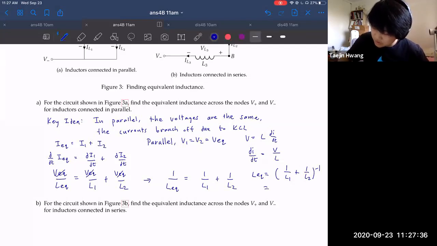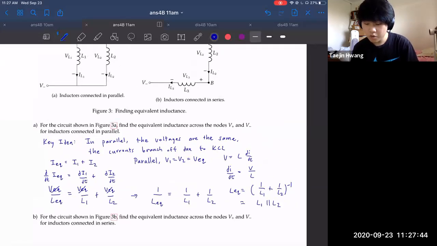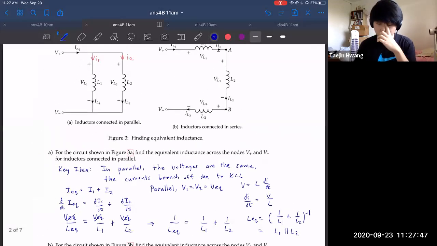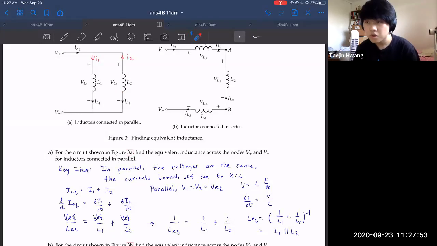You can simplify this with the parallel operator, just like how we do for resistors. Any questions about how we were able to take two inductors in parallel and solve for the equivalent inductance?